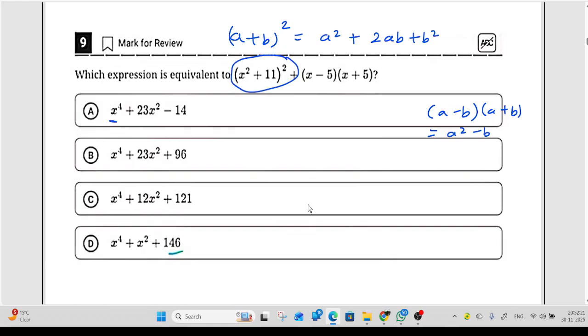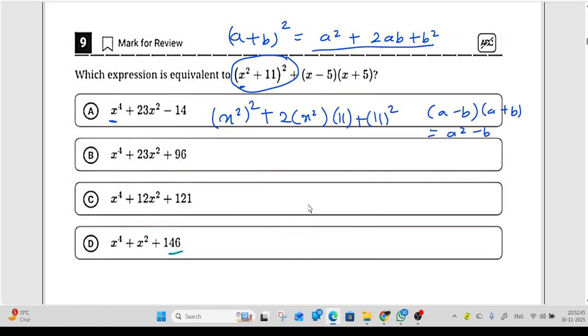So we apply this formula to expand it. a square, so x square is already there. If we do this, x square squared plus 2ab, where a is this x square and b is 11, then plus b square, which is 11 square, right?